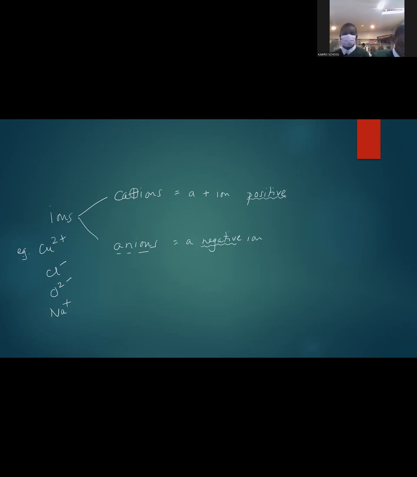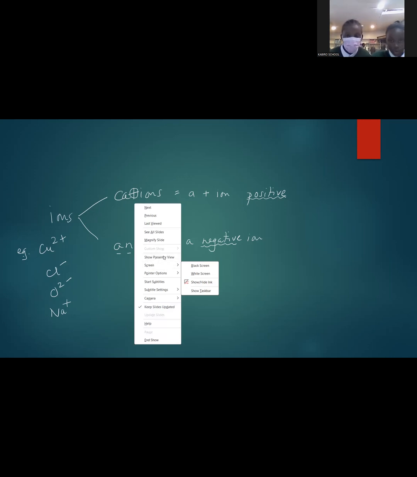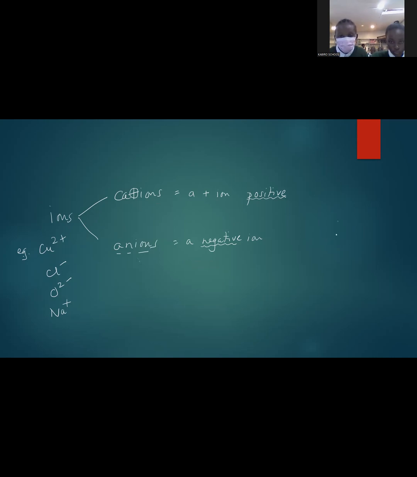I'm now going to write down some ions, and what I want you to do is put them into a little table. I want the cations on one side and the anions on the other. These are the chemicals we are going to start with.